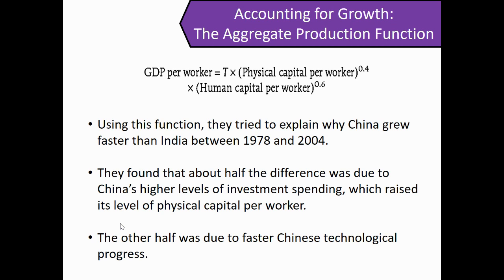There are so many things happening, and we try to look at the amount of investment. Like China, about half the difference was due to the amount of investment spending, which raised its level of physical capital.